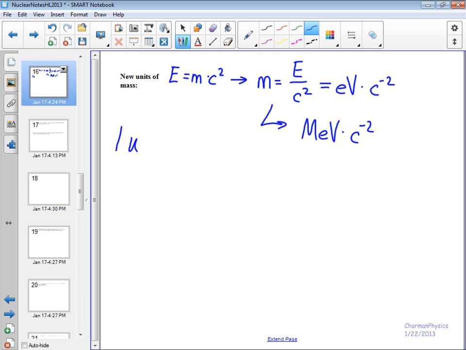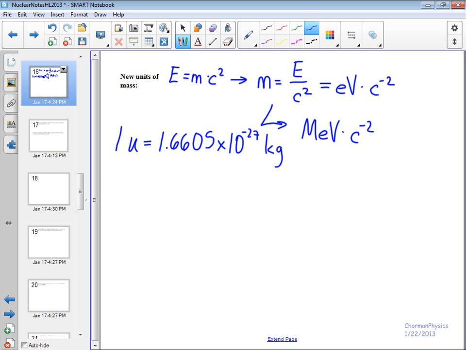For example, when we studied in class 1 unified atomic mass unit, or 1/12 the mass of the carbon-12 atom, I believe this is 1.6605 times 10 to the negative 27 kilograms.